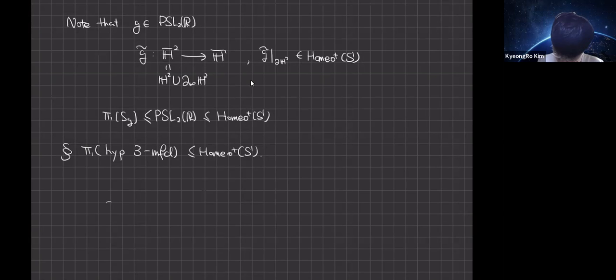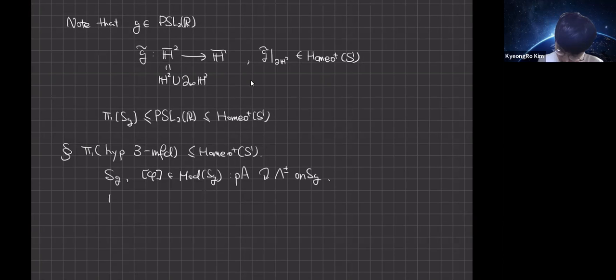So here is our surface, and we pick a pseudo-Anosov element from the mapping class group of the surface. Then this pseudo-Anosov element preserves two geodesic measured laminations on the surface.